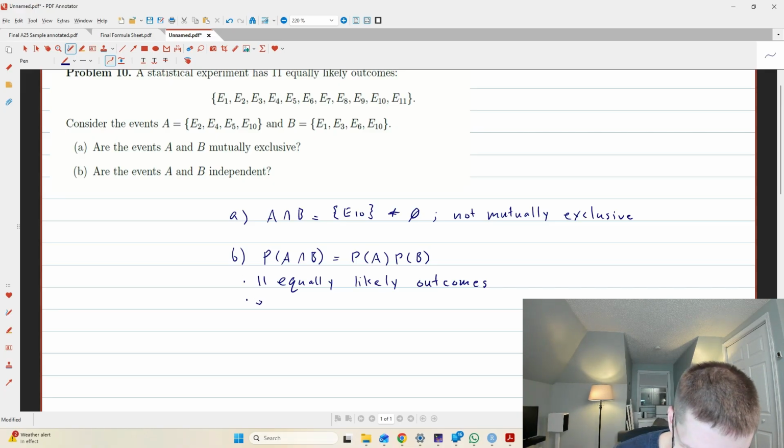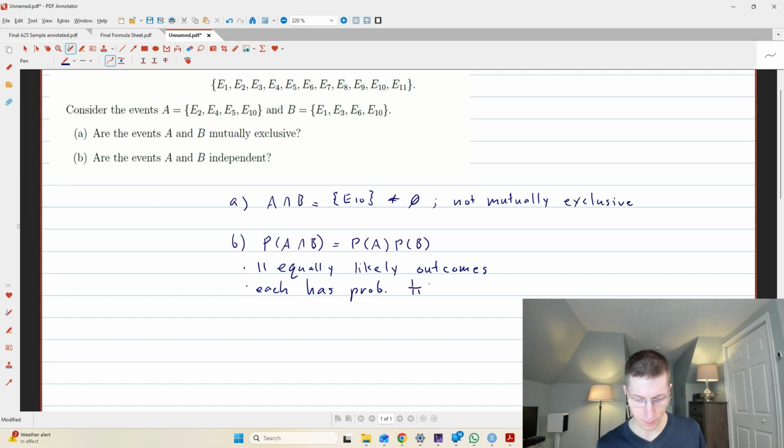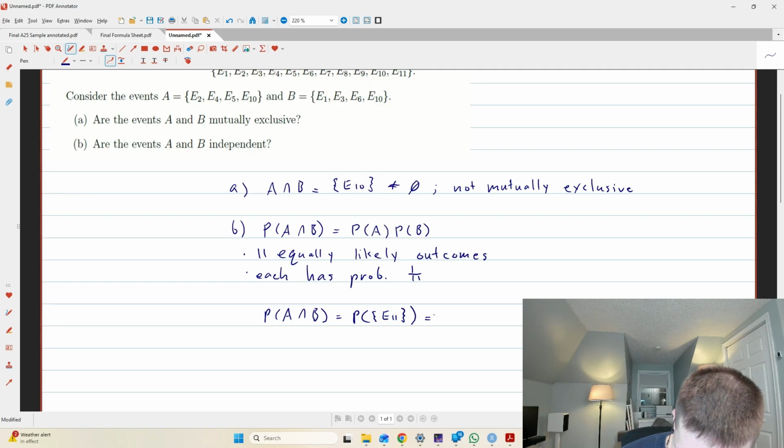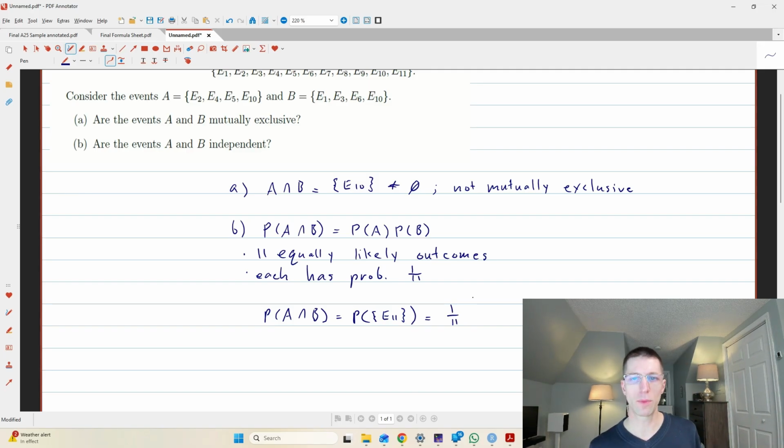So that means that each has probability 1/11th. And if we look at P of A intersect B, that is just P of this E11 event, which is going to be 1/11th, because it just has one thing in it.